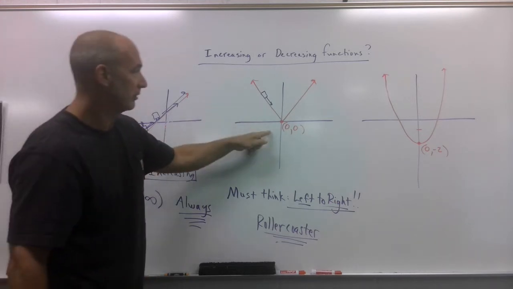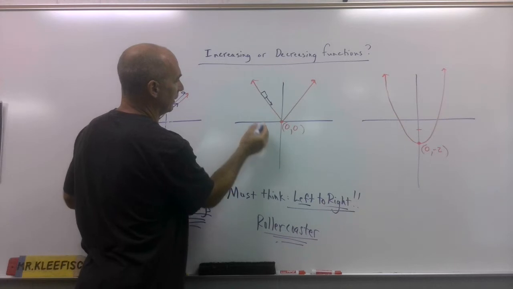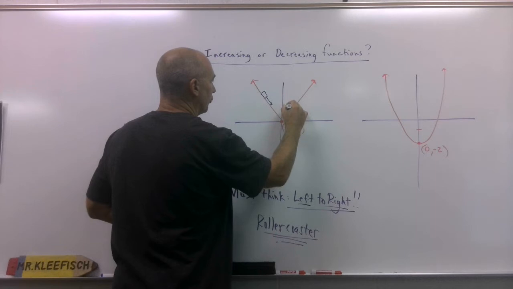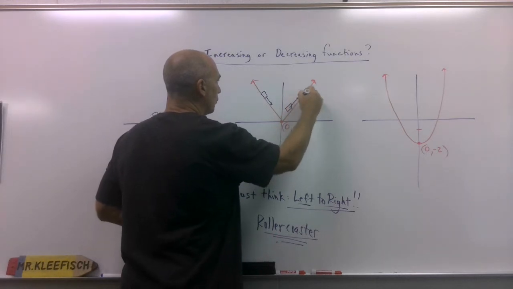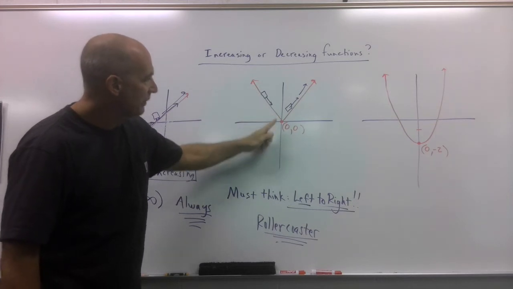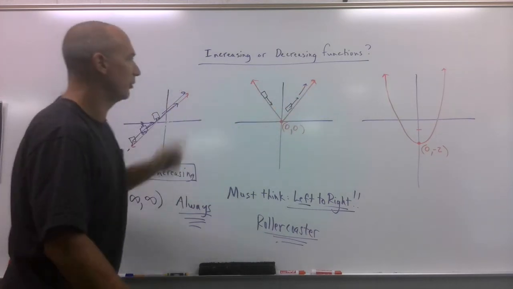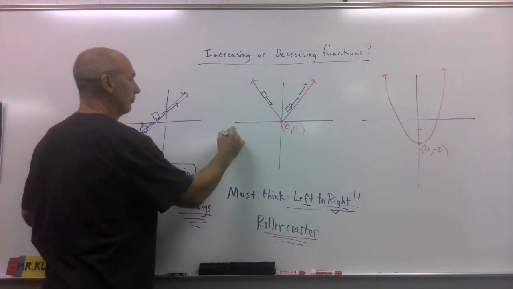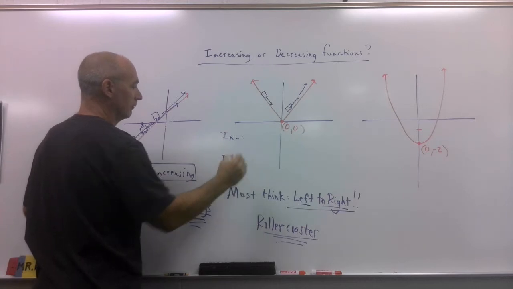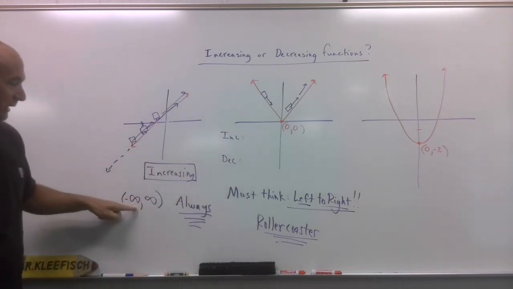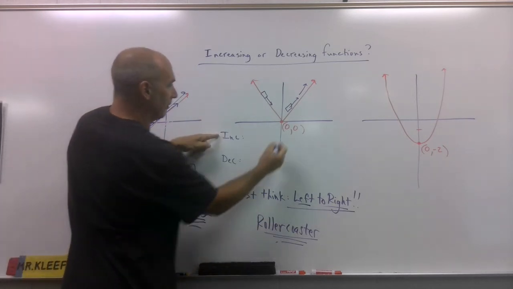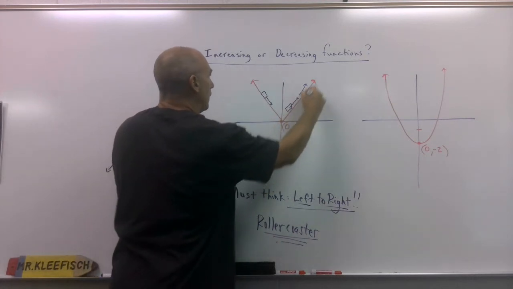Now, let's move on to this. Notice we've got two parts to this. We've got the downward motion, but then if the roller coaster changes and all of a sudden I'm going this way, we have part of our roller coaster that's going down and then part of it that's going up. So this is both increasing, so I'm going to just abbreviate it, increasing, but it's also decreasing. And now if they ask us to explain where's the interval where it's increasing, it would be increasing from here up.